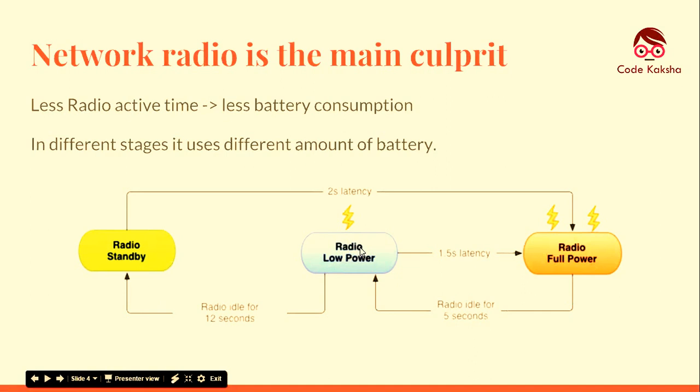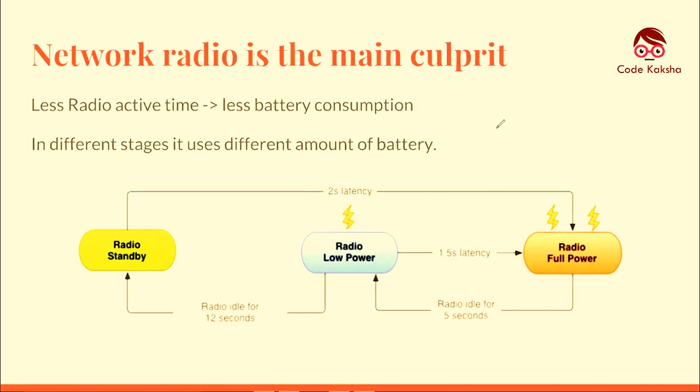If we are making too many requests, for example, if this is our timeline, and we are making too many requests frequently, our radio will always be in the network active stage, and we will not give it any chance to be in the standby mode.